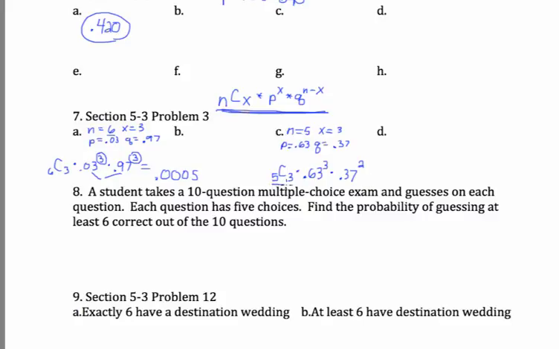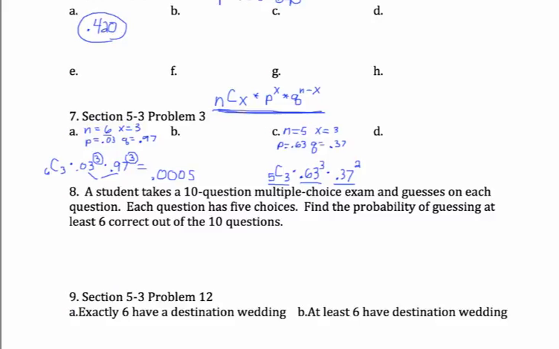I've got 5C3 times 0.63 to the third times 0.37 to the second power. So I'll put that into my calculator, and I get 0.342. B and D are worked similarly. You do not have to do part E.